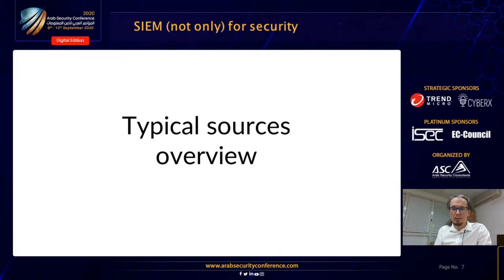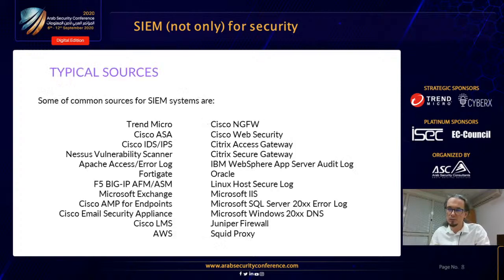Let's look now at the typical sources and an overview of them. What can SIEM index, and what can we put into that solution? The typical sources for most SIEM solutions are Trend Micro, Cisco ASA, Cisco IDS, IPS, Oracle, Microsoft IIS, FortiGate, and so on and so on, Microsoft Exchange.